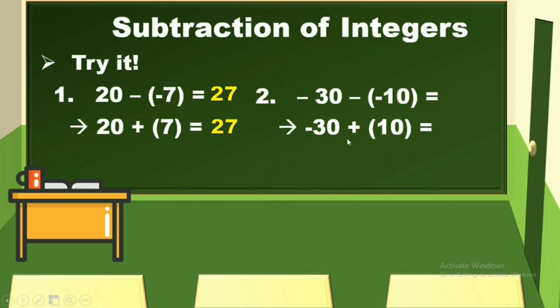So therefore, we will copy the sign of the number with a greater absolute value. Since 30 is greater than 10, we copy the sign of 30, and that is negative. Now, 30 minus 10 equals 20. So therefore, negative 30 minus negative 10 is equal to negative 20.